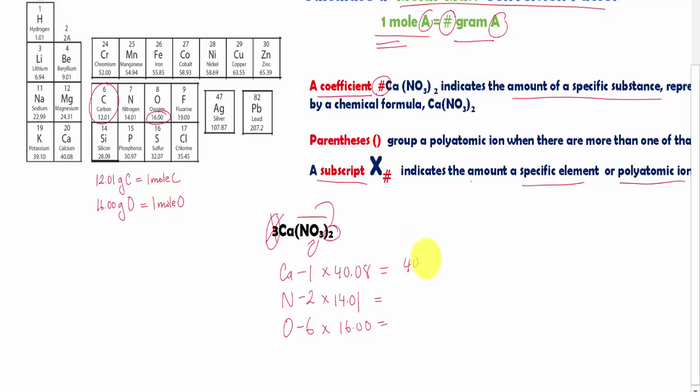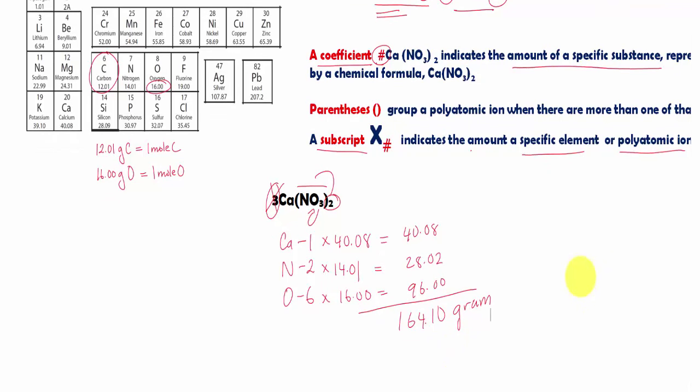We have 40.08, and this one we have 28.02, and this one we have 96.00. So these are the total mass of each element in the chemical formula based on how much of the specific element you have. And the last step is we add them all together, which gives us 164.10. And this is the mass in grams.